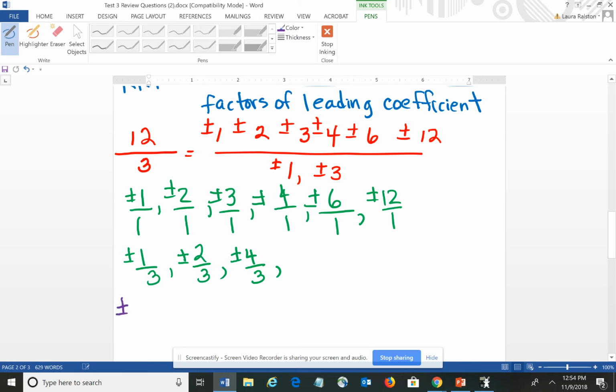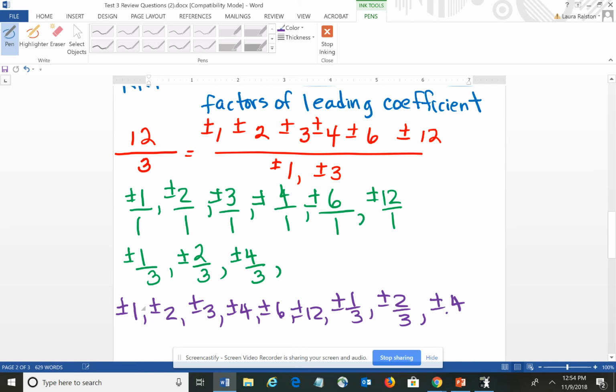So we have plus or minus 1, plus or minus 2, plus or minus 3, plus or minus 4, plus or minus 6, plus or minus 12, plus or minus 1/3, plus or minus 2/3, and plus or minus 4/3. That's our list. So we've gone from a bazillion jillion options to 18 options. Now in the next video, we're going to talk about Descartes' rule of signs. And Descartes' rule of signs helps us to even narrow this list further.